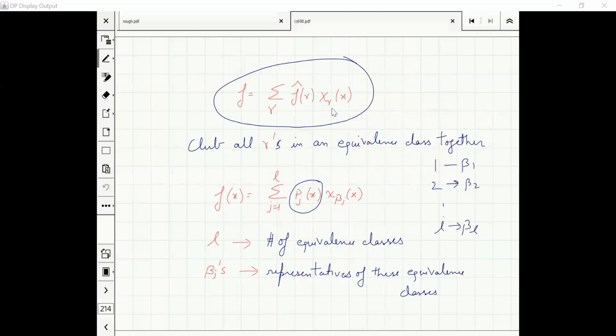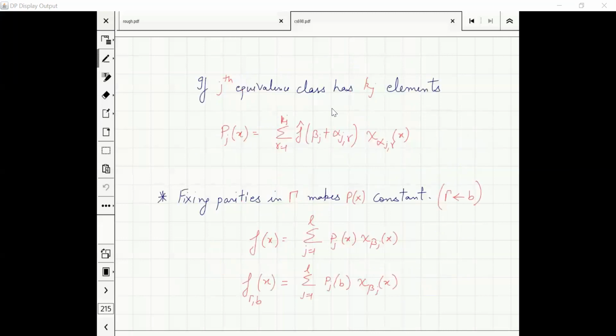So this is how my Fourier expression will change. I have a function, I club the parities in the same equivalence class together, and then when I fix the parities, these p's become constant, as mentioned. So my restricted function simply looks like this.